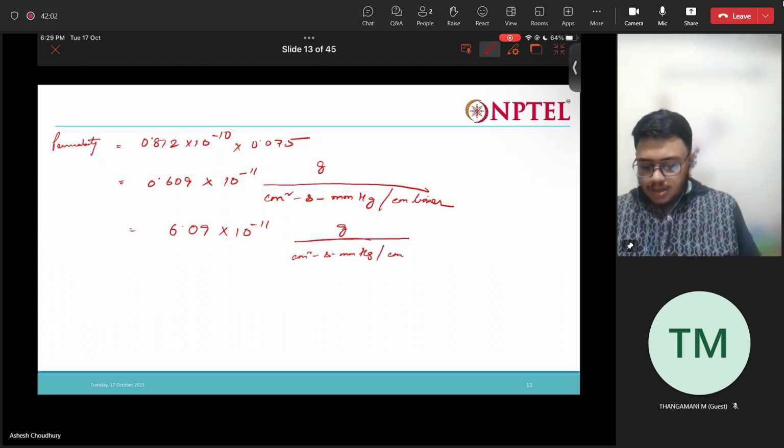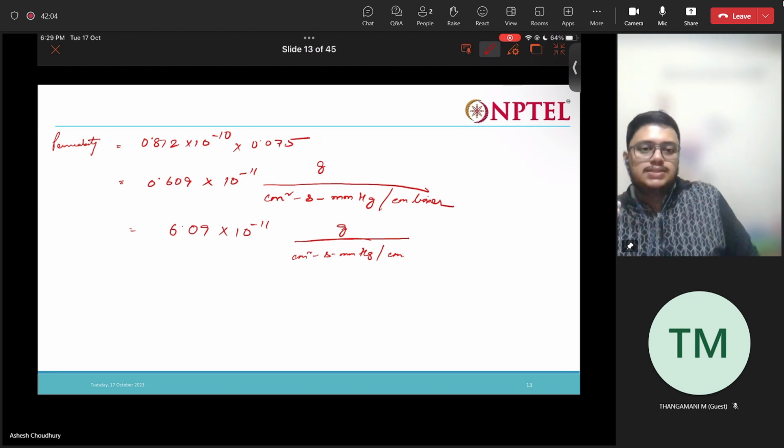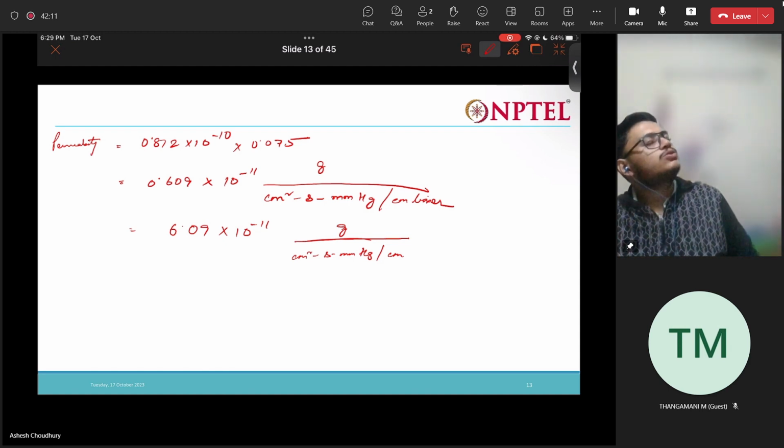Now this mmHg is in terms of mercury, right? Mercury pressure. Now that mercury pressure we will convert in terms of water pressure.